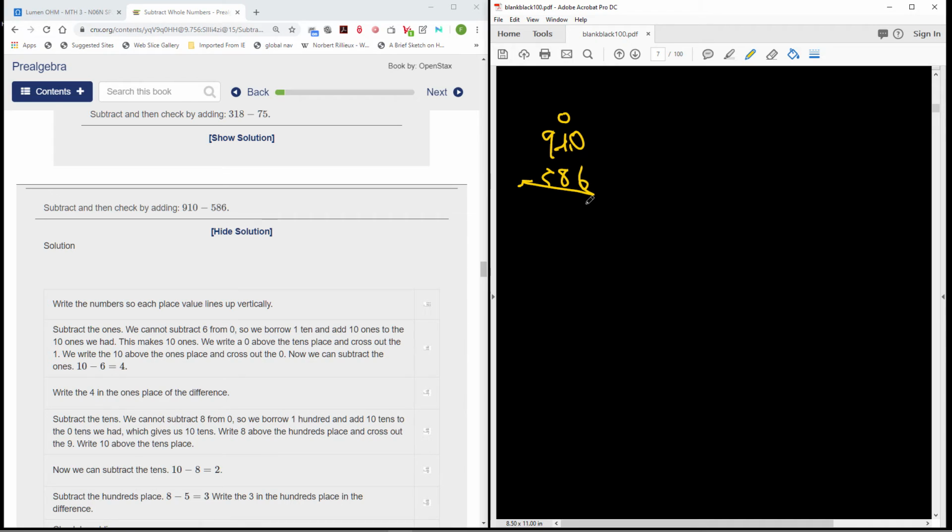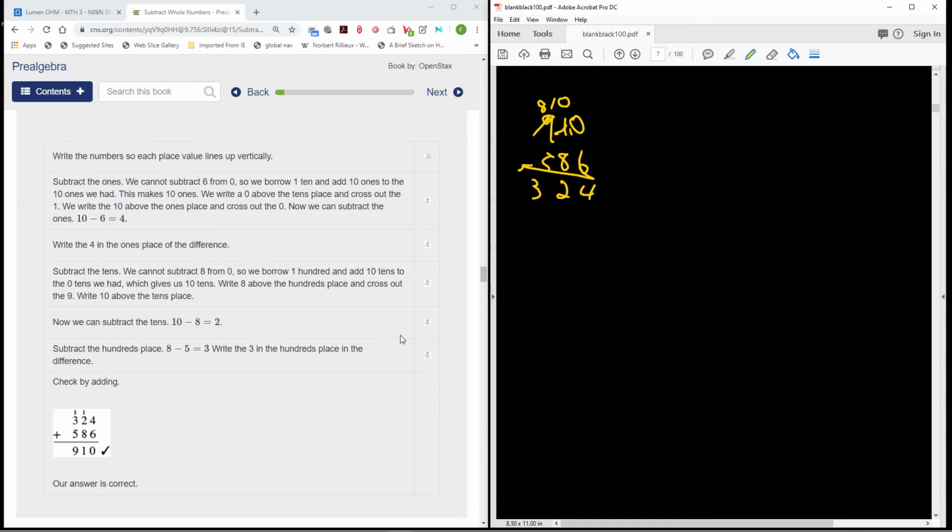So 10 minus 6 is 4. Now I have 90 minus 8, so I can't take away 8 from 0. I've got to borrow 1. It'll make this 8. That 10. 10 minus 8 is 2. And 8 minus 5 is 3. So I have 324 here. And we add them back, we get 910.